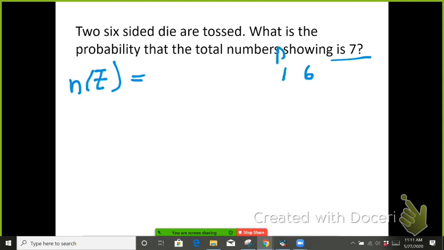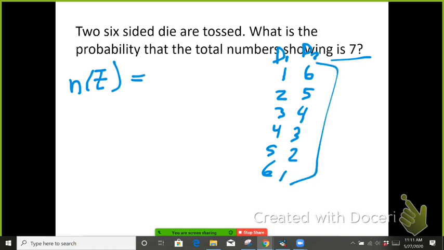Call this die number 1, die number 2. So it could be a 1 and a 6, a 2 and a 5, that adds up to a 7, 3 and a 4, 4 and a 3, 5 and a 2, and 6 and a 1. So 7 is the most common way you can add up 2 die, because there's 1, 2, 3, 4, 5, 6 ways to do it.